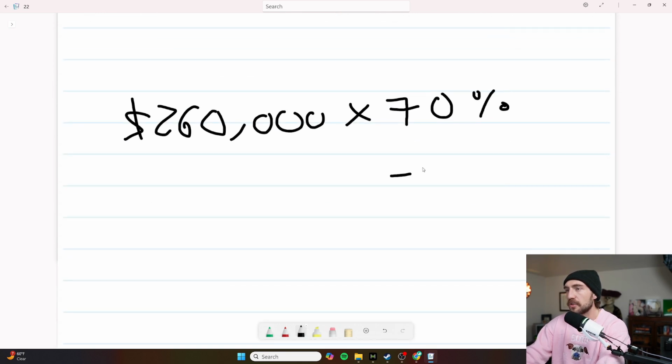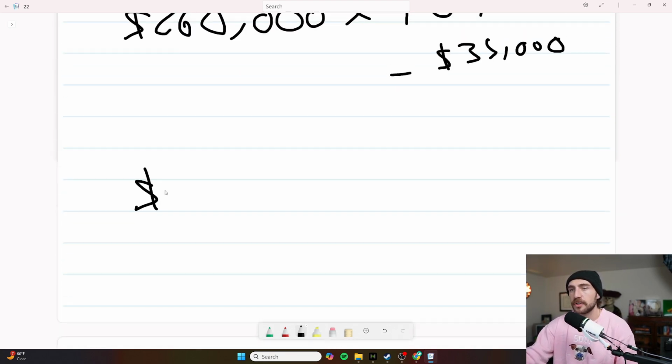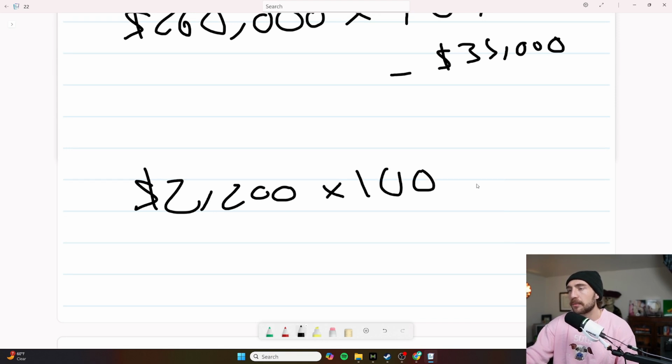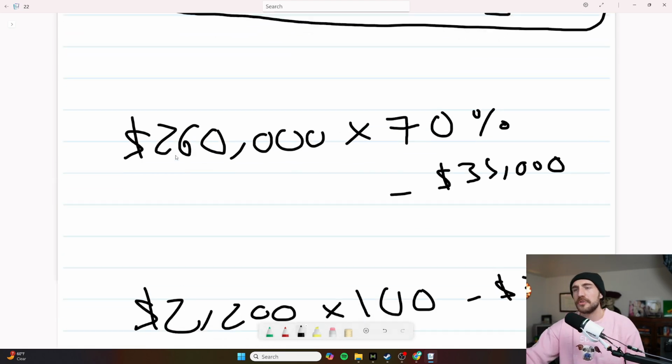And then we're going to subtract 35,000 for repairs. And for the other formula, guys, we're going to take the monthly rent, which we're budgeting at $2,200 a month, and multiply that by 100, and then subtract repairs. They should be less, but that's fine. We're just going to say 35 grand for repairs. You know what? No.